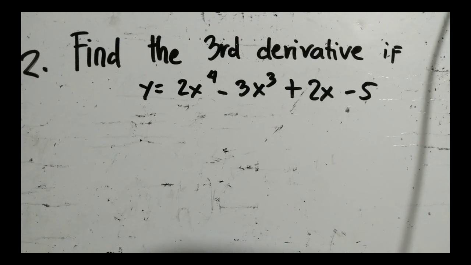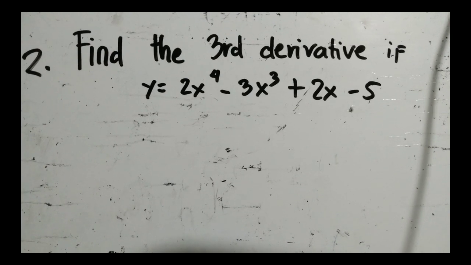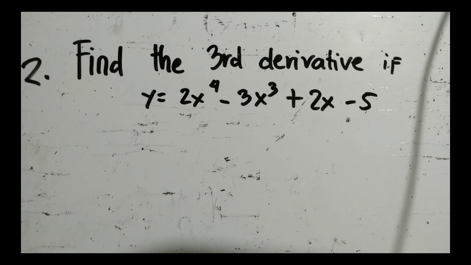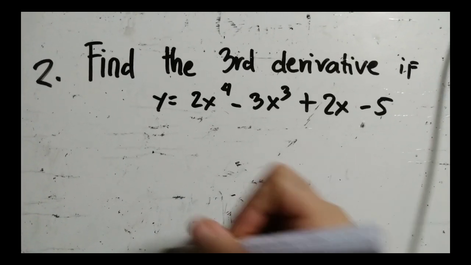Find the third derivative if y equals 2x raised to 4 minus 3x cubed plus 2x minus 5. So this time we're going to find first the first derivative.